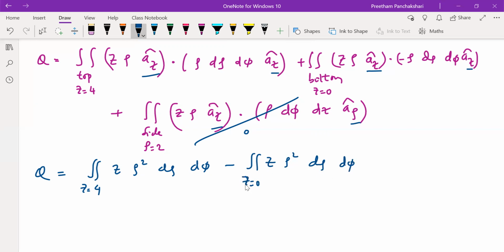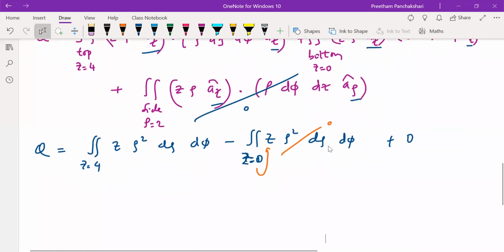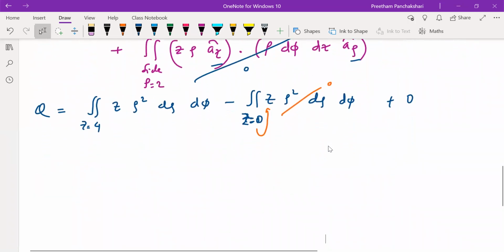If you observe carefully on the second integral, z value is 0. Since z value is 0, if you substitute the z value 0 here, this complete integral goes to 0. So we have to evaluate only the first integral.